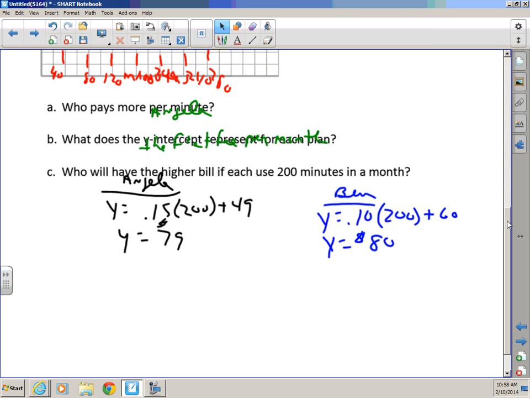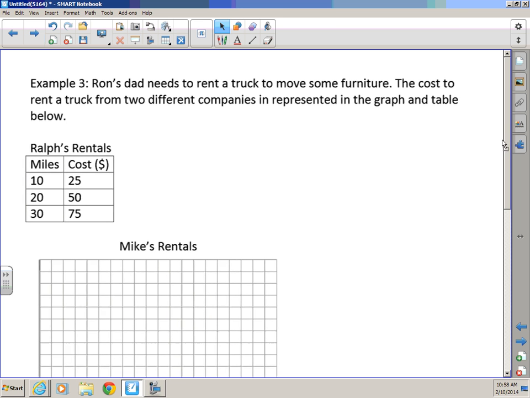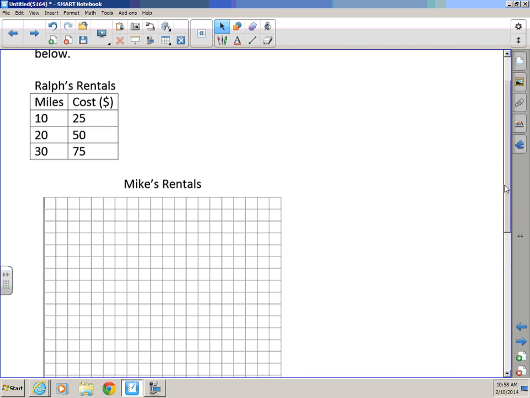Okay? All right, let's go to the last example. Ron's dad needs to rent a truck to move some furniture. He can go to Ralph or he can go to Mike. Now, let's do Ralph since we have the table there.